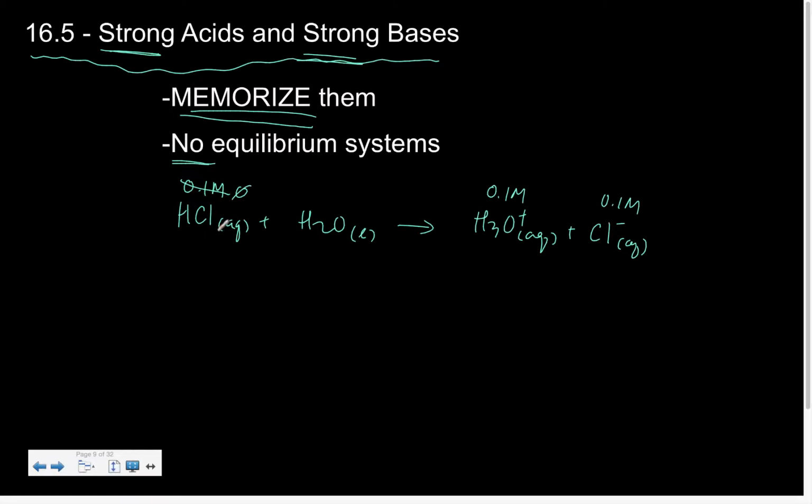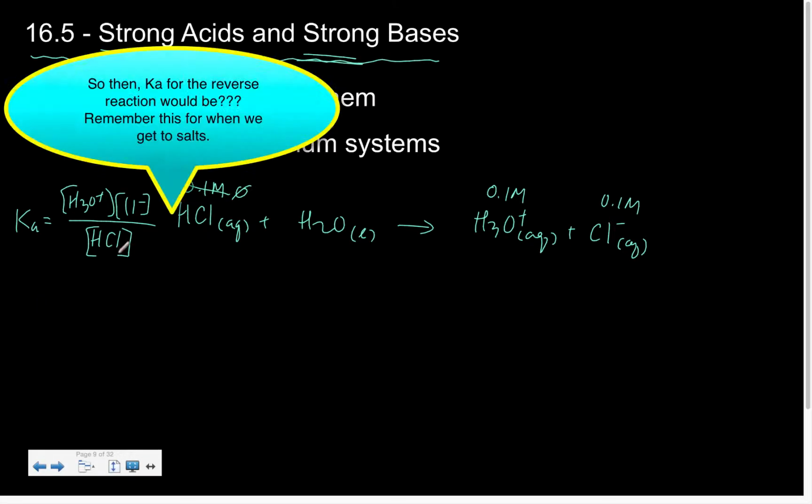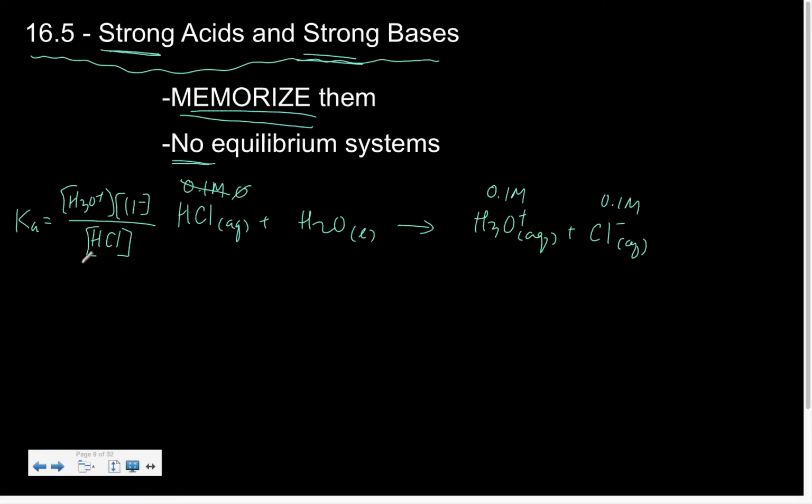And that's the assumption that we make, which means that if we were going to write a Ka expression, the acid dissociation constant, we would talk about my H3O plus and my chloride ion over my HCl concentration, and what kind of Ka value would this be in terms of magnitude? Ginormous, approaching infinity, because this should be approaching 0, if not actually 0. Makes sense? Great.